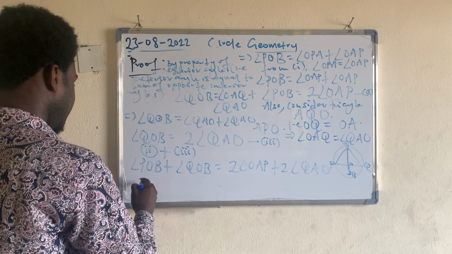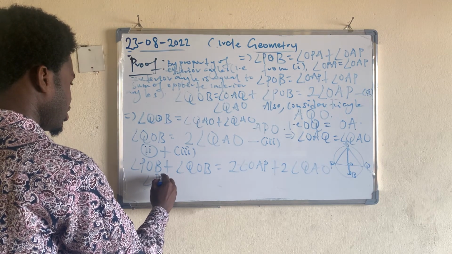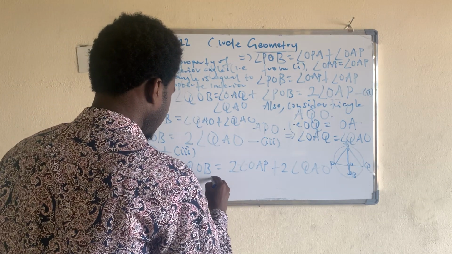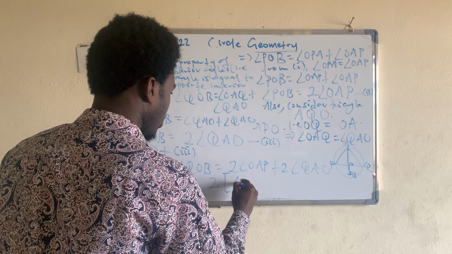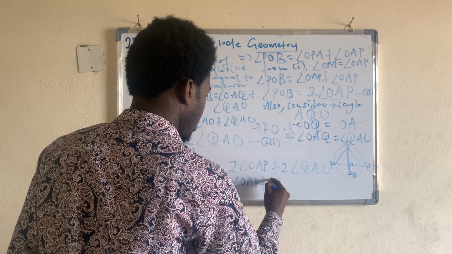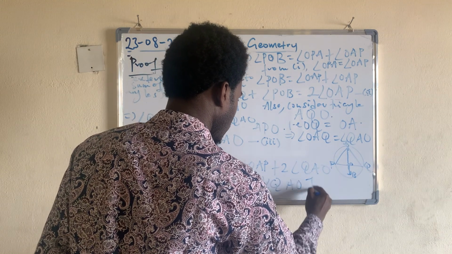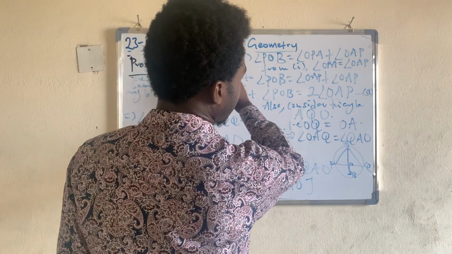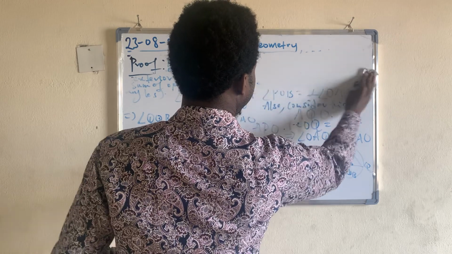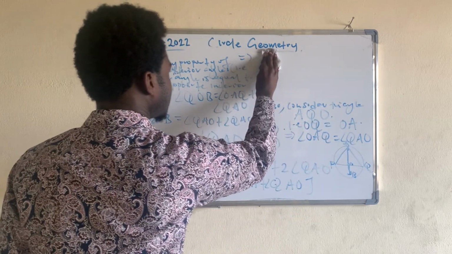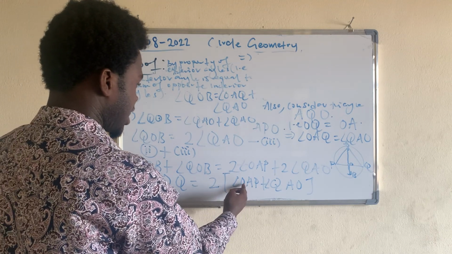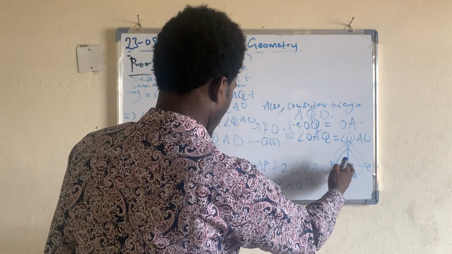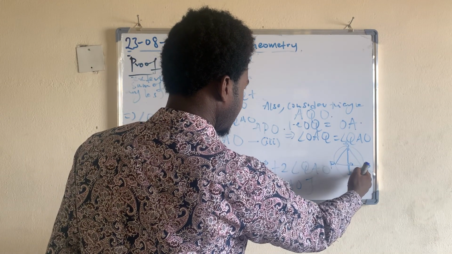So this is the same thing as angle POQ, which is equal to twice of angle OAP plus angle QAO. From this part you can see angle OAP and angle QAO.